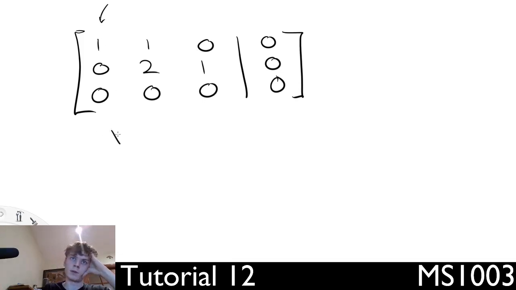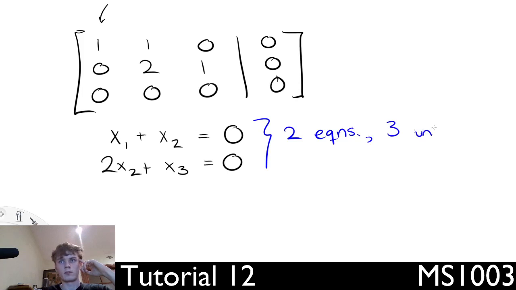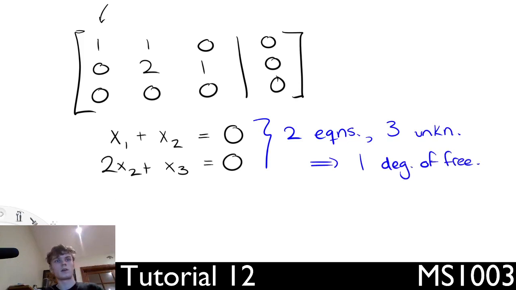So I get 1 times x1 plus 1 times x2 plus 0 times x3 is equal to 0. And on the second row I get 2 times x2 plus x3 equals 0. Now, here we have 2 equations. We have 3 unknowns. Therefore, 1 degree of freedom. Okay.